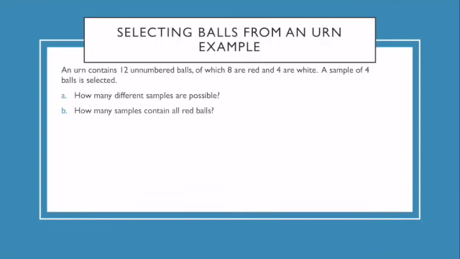Let's work through an example. An urn contains 12 unnumbered balls, 8 of which are red and 4 are white. A sample of 4 balls is selected. How many different samples are possible?